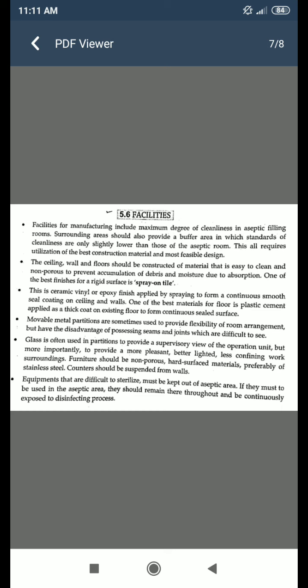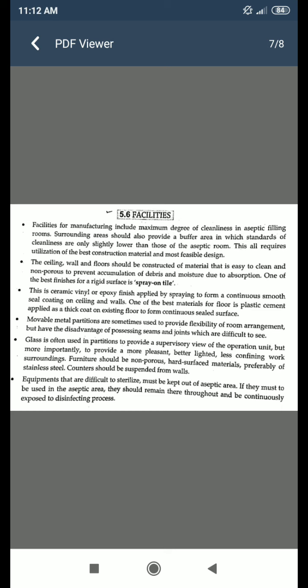Then glass is often used in the partitions to provide a supervisory view of the operation unit, but more importantly to provide a more pleasant, better lighted and less confining work surrounding.